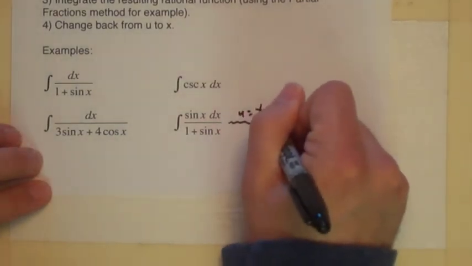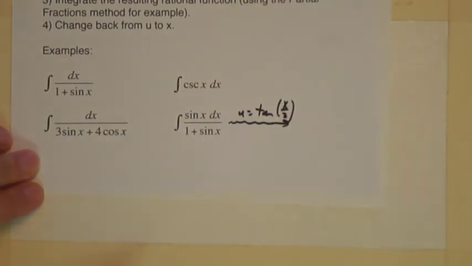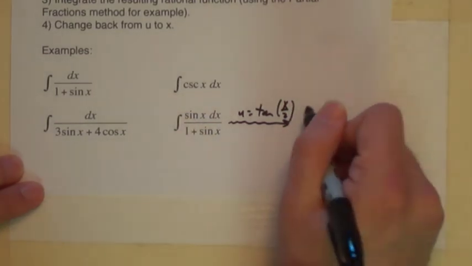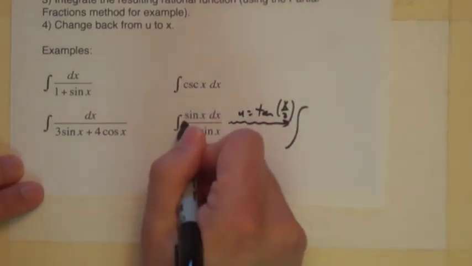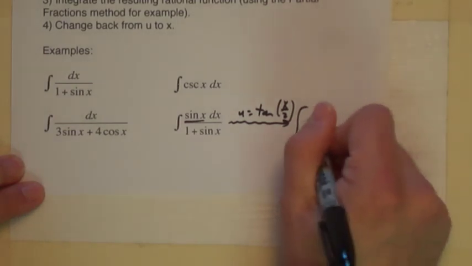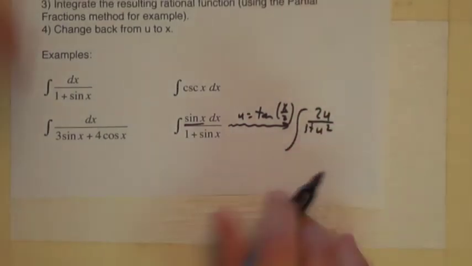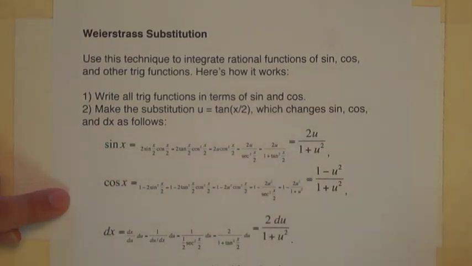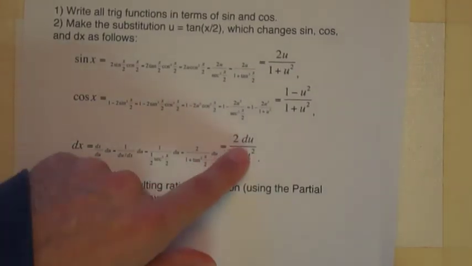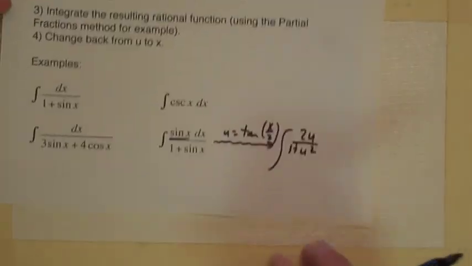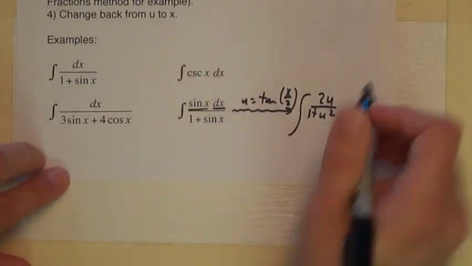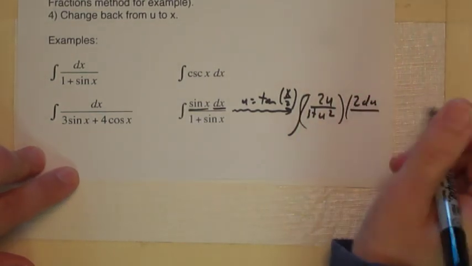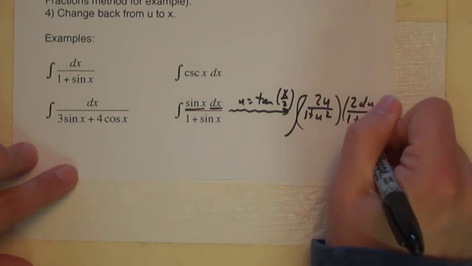So if you make this substitution, for example, u equals tangent of x over 2, the sine x here becomes 2u over 1 plus u squared, according to all of this algebra we did up here. The dx becomes 2 du over 1 plus u squared.